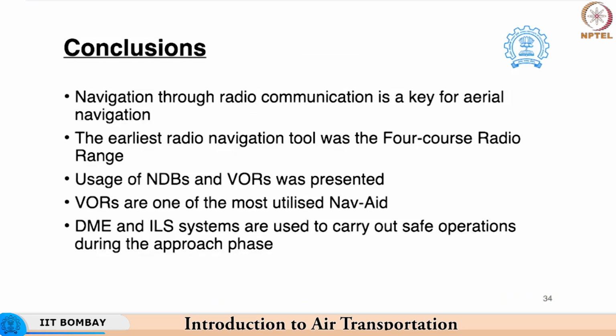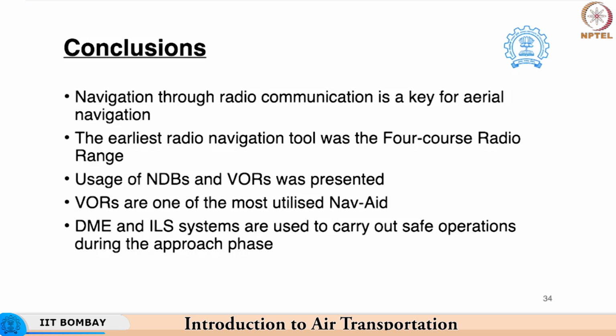So, in conclusion, we can say that navigation through radio communication plays a very crucial role for aerial navigation. Apart from the instruments available with the pilots on board, navigation carried out through radio communication is a very crucial part.